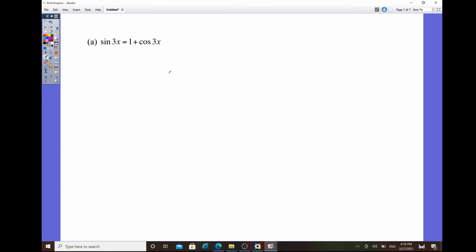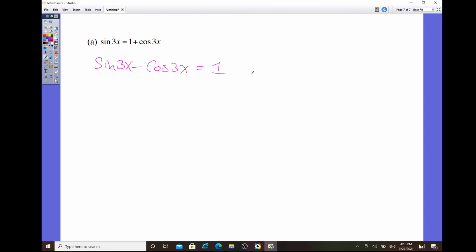Okay, so if we just bring everything together to one side, we have sine of 3x minus cosine of 3x equals 1. And then you might be wondering, in order to get the ratio to 1, what can we do right here?